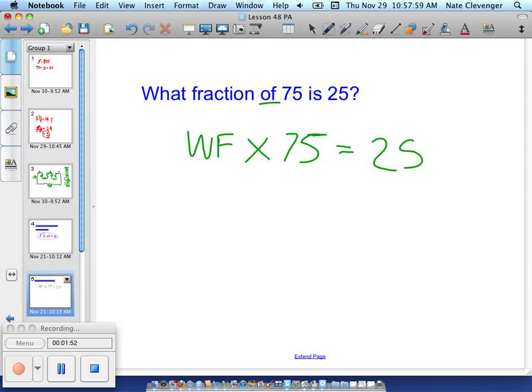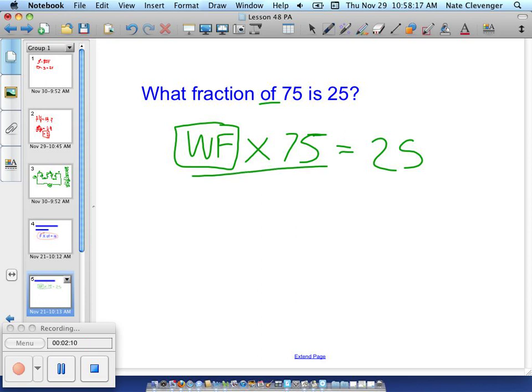What operation takes place between your variable and 75? Multiplication. How do you undo multiplication so that we can solve for just the WF? Division.